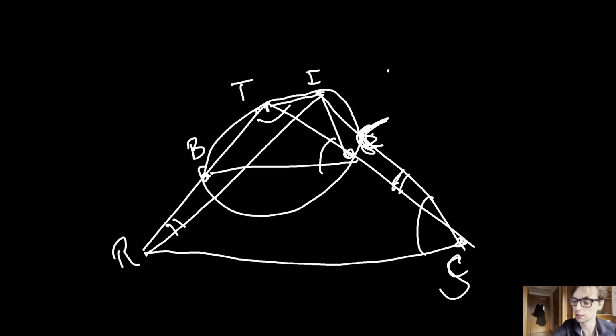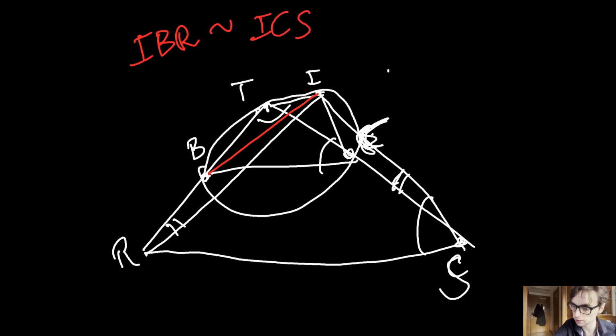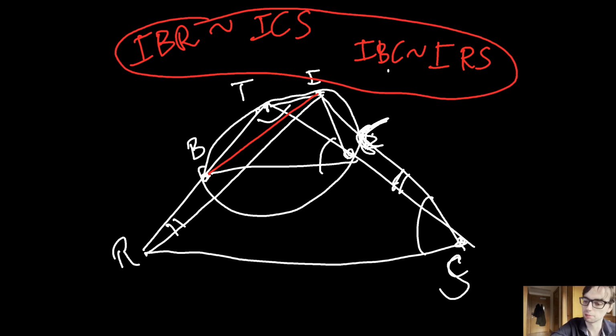Basically, it says that triangle IBR would be similar to triangle ICS, and triangle IBC would be similar to triangle IRS. So solving the problem backwards, if the problem statement is true, then we must have this similarity.